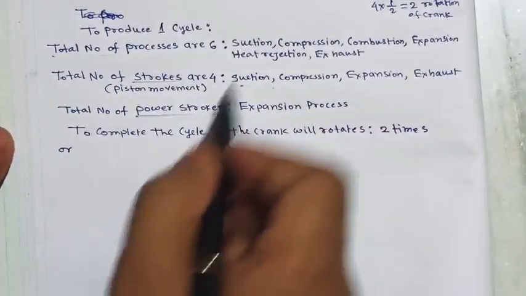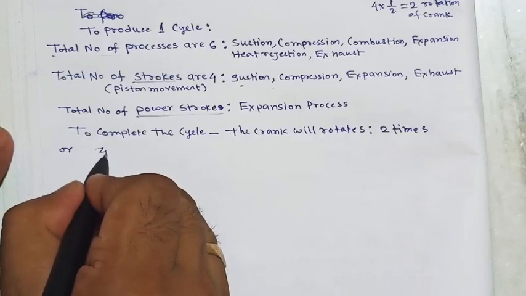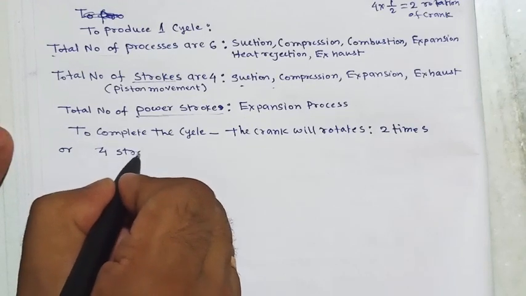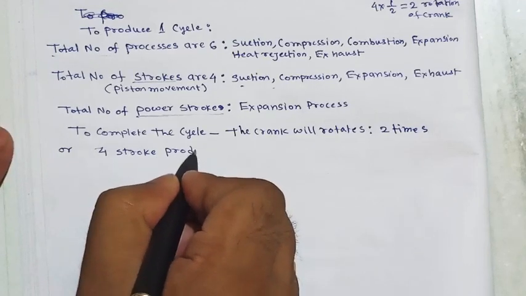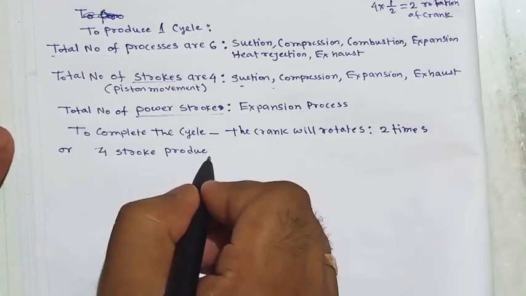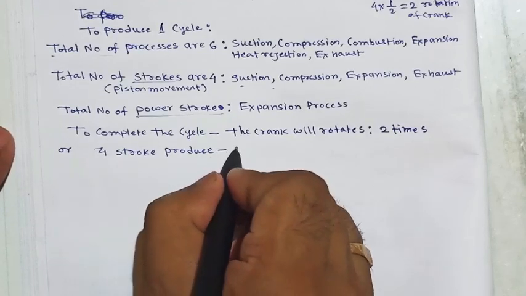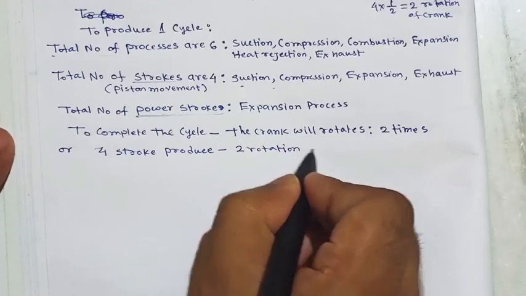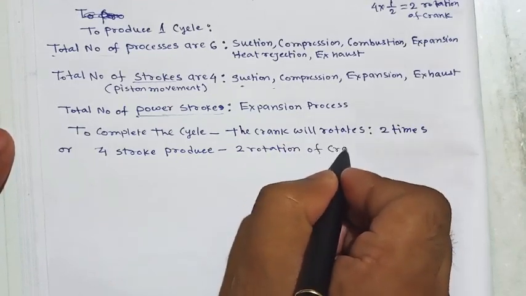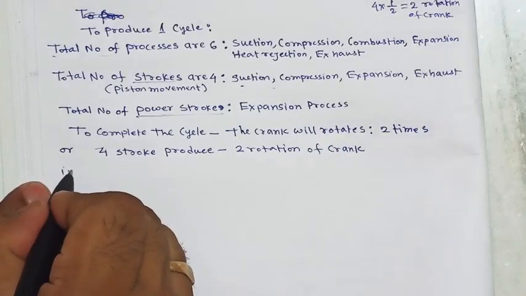Or to complete this cycle, it having the 4 strokes, so I can write 4 strokes produce 2 rotations of the crank.